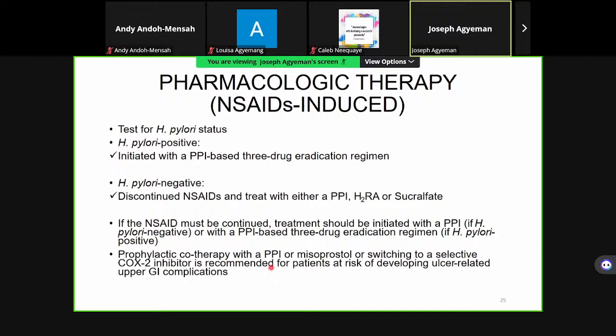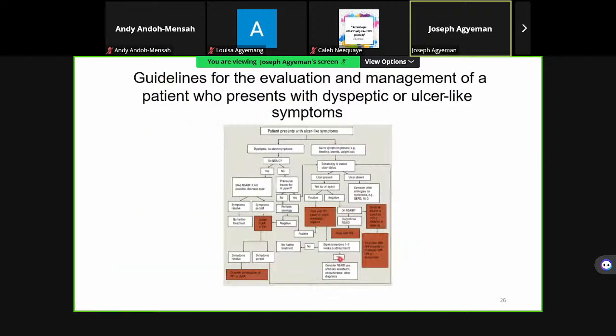What is cytoprotection? By adding a PPI or misoprostol to the NSAID for longer duration, high dose. Or as I said, you switch to a COX-2 selective inhibitor. Even with this, it is advisable at times to still add a PPI or misoprostol as a cytoprotective mechanism.